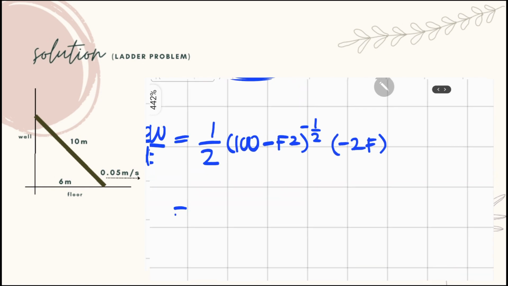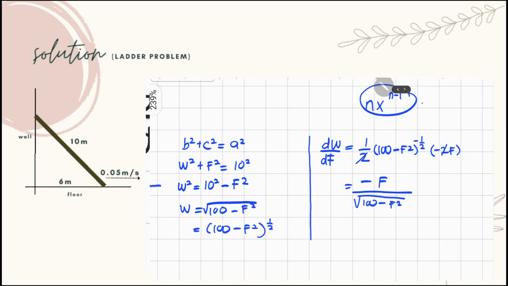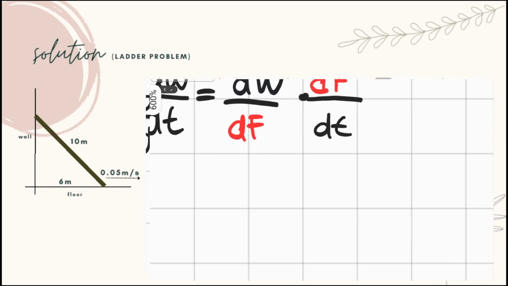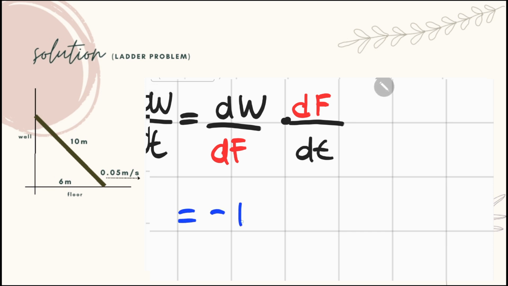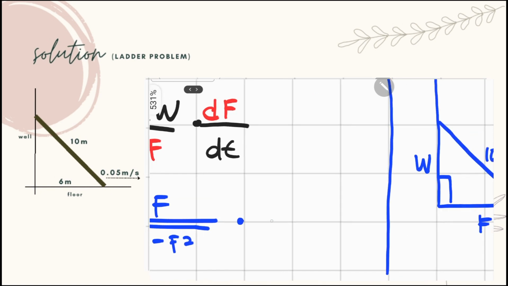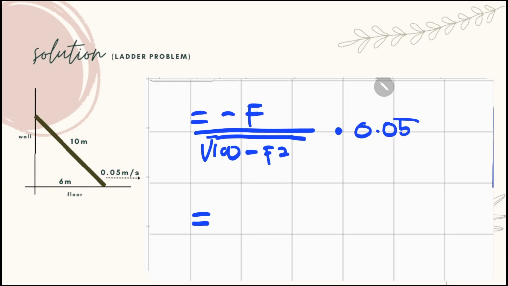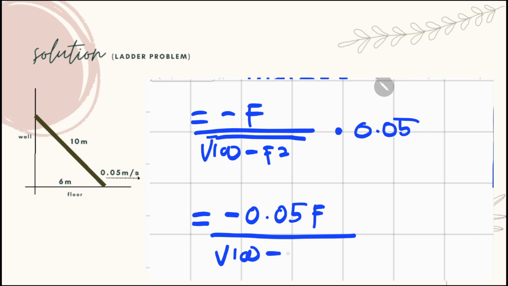So the answer is negative f over square root of 100 minus f square. The last step is plugging everything that we have found in the formula, which gives us negative f over square root of 100 minus f square times 0.05. So it will be negative 0.05 f over square root of 100 minus f square.